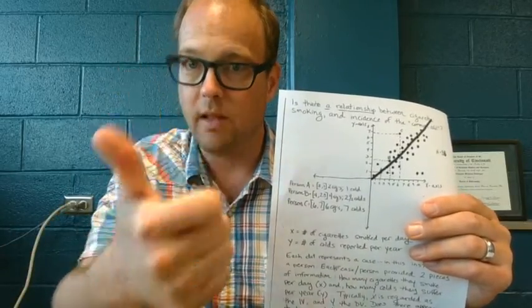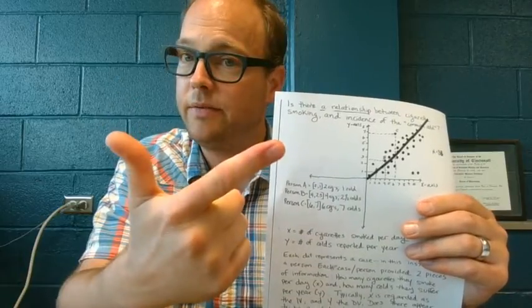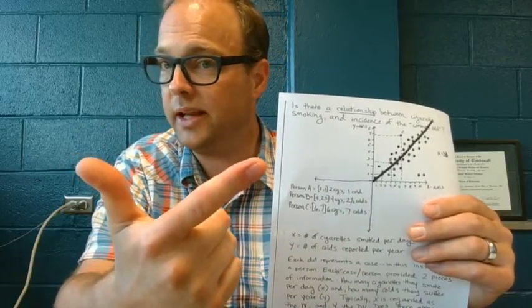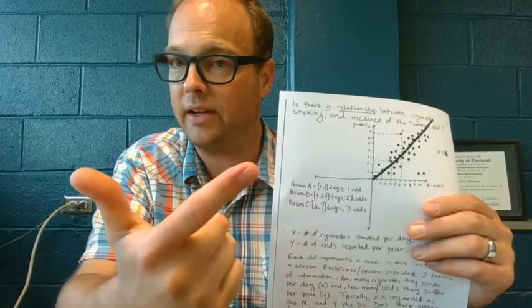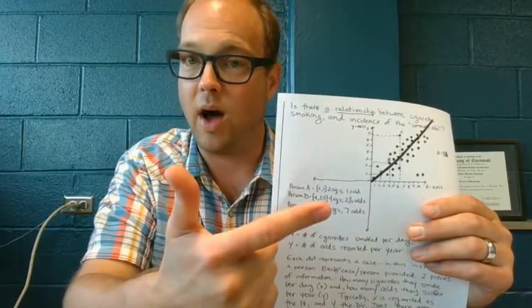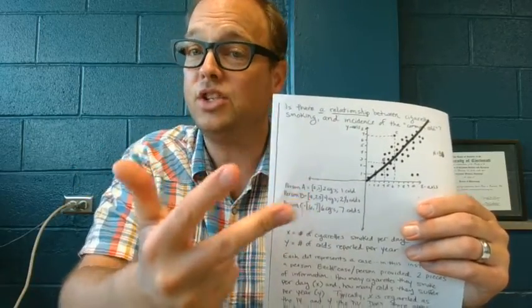There appears to be a relationship that's linear. The relationship is positive. Low values on X are associated with low values on Y. High values on X are associated with high values on Y. And third, the relationship appears to be strong, with a couple of exceptions over here. All right, so that's just a quick introduction to scatterplots.